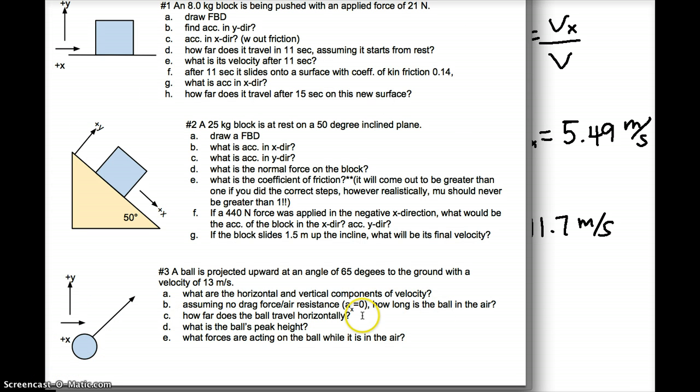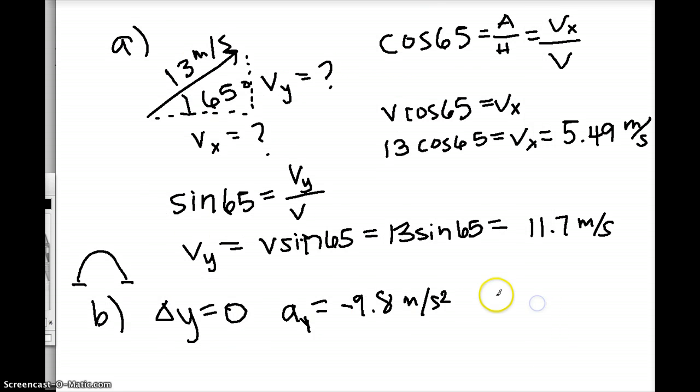What else do I know? Well, I want to know the time, so I'm going to make a note of that. And I know its initial velocity. Now this is where we really want to be careful, because a lot of us are tempted to use this 13, this velocity vector that we were given. But this is a two-dimensional problem, and if we're going to talk about displacement in the y direction, acceleration in the y direction, then in order to do so meaningfully, we need to talk about velocity in the y direction.